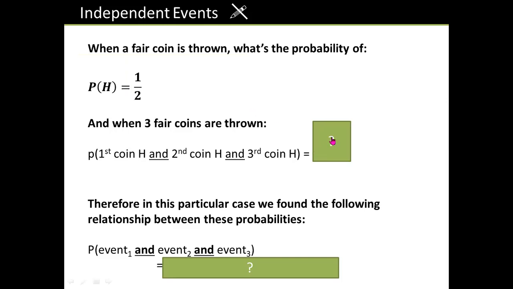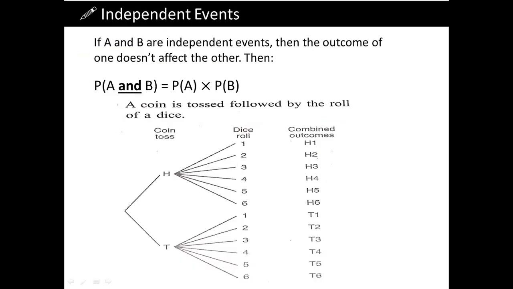If 3, then we have 1/8. Next, if we are to get the probability of independent events, then it does not affect the other. So independent means it cannot affect the other, or it is separate from the other event.